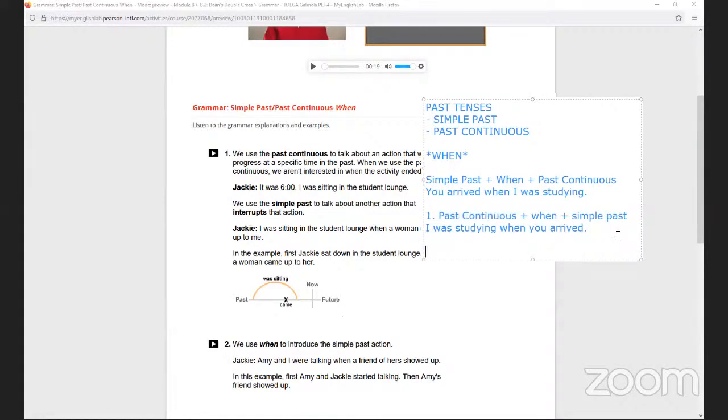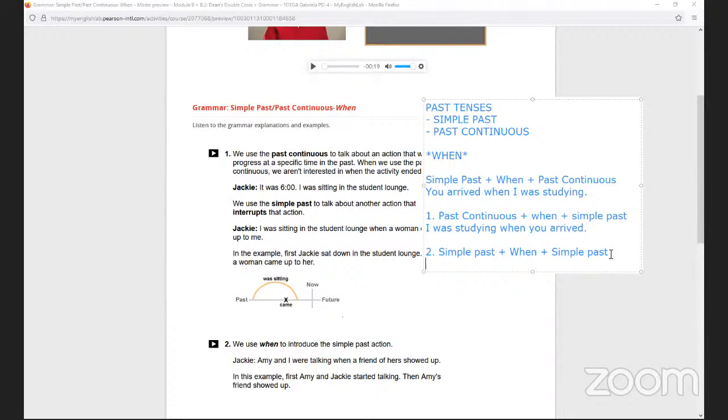After this, we have this other one that is really common, where we could use simple past plus when plus simple past. We can have two actions in past. Both actions maybe can start in the past and can finish in the past.